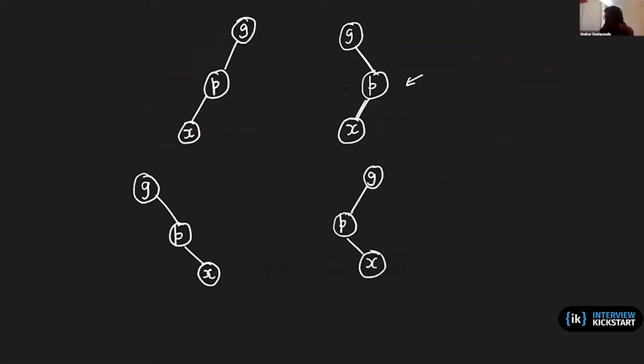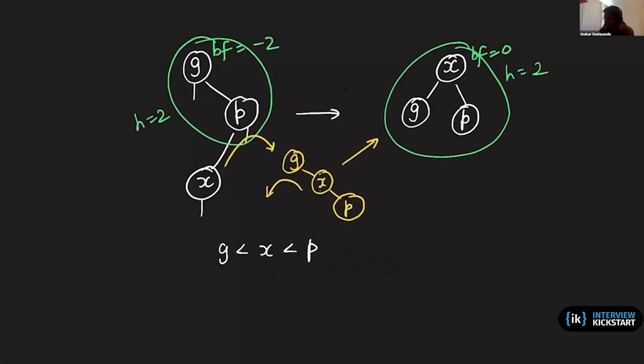And we have one more case left, which is the symmetric case to this, which is G with P on the left and X on the right. So here in Inorder Traversal, we have P less than X less than G. That's the order.